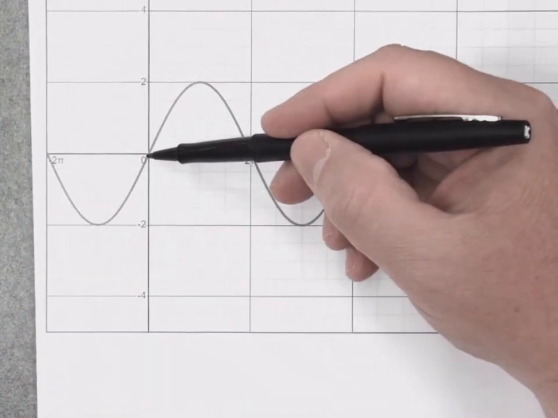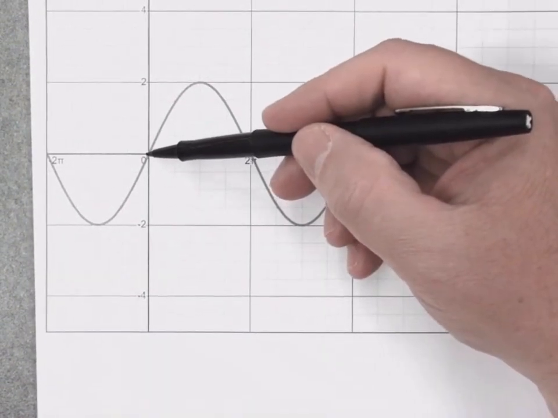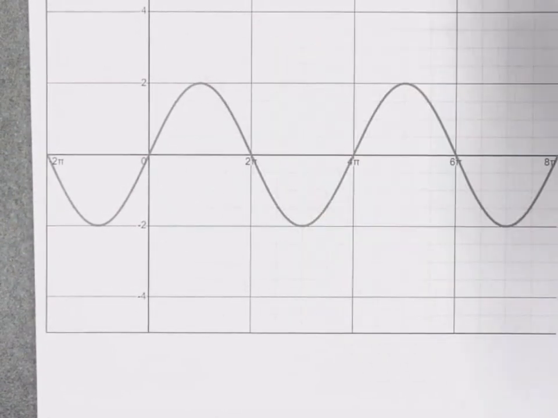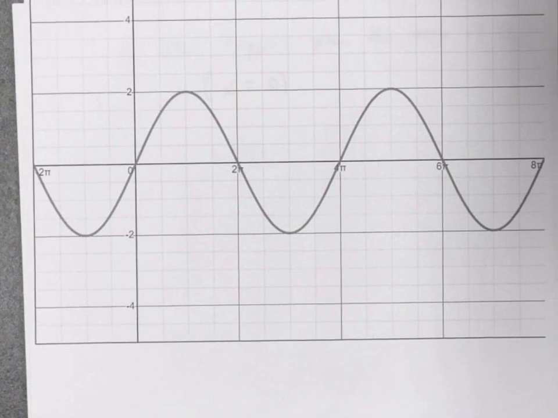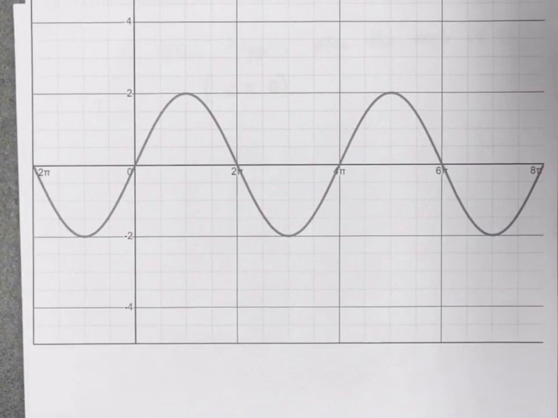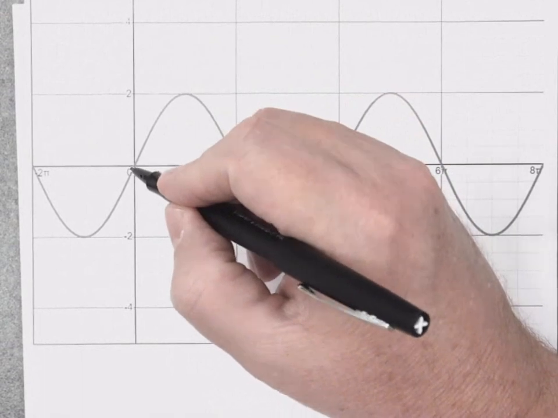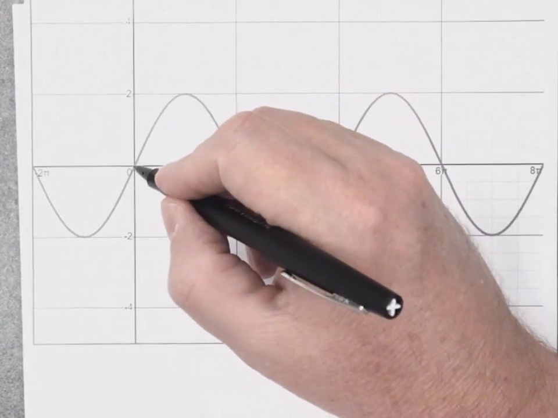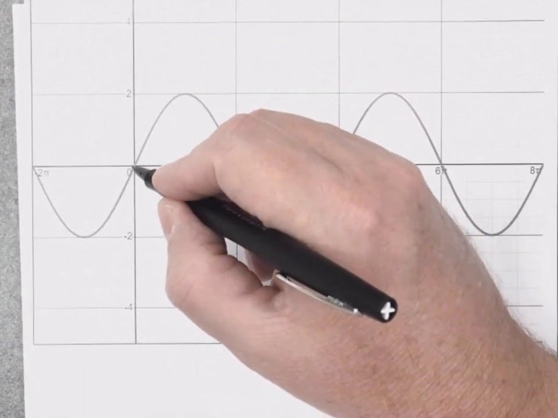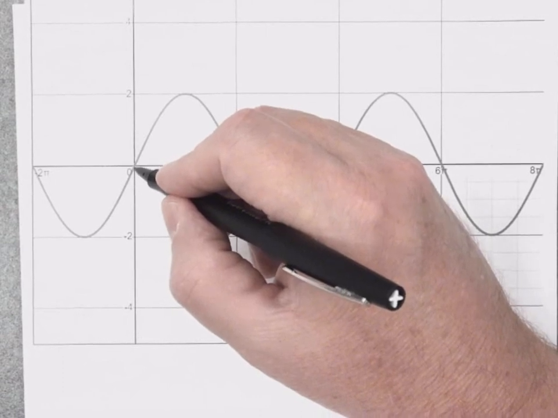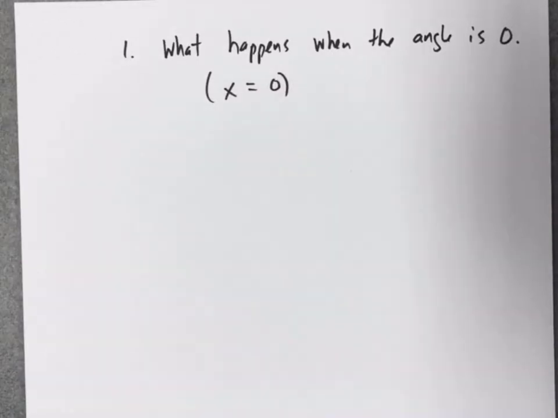Right here is angle 0. And then this is the graph. The up and down is the value of the function, or the value of the equation. So the very first thing I'm going to do is take each of these graphs and see what's going on when the angle is 0. It's a very simple thing I'm looking for.